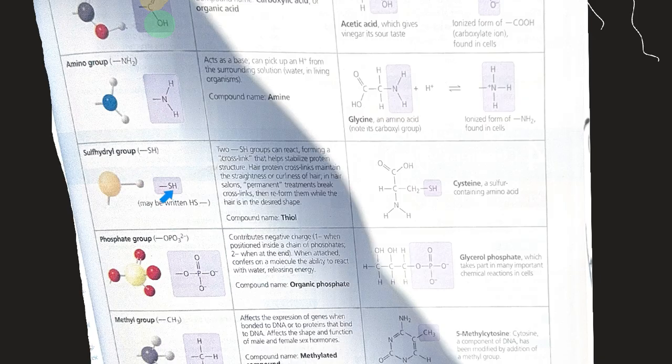Sulfhydryl group, SH. This is very important for helping bend or fold proteins like your hair. So the sulfhydryl groups will cross-link. What that means is that they'll make a disulfide bridge.